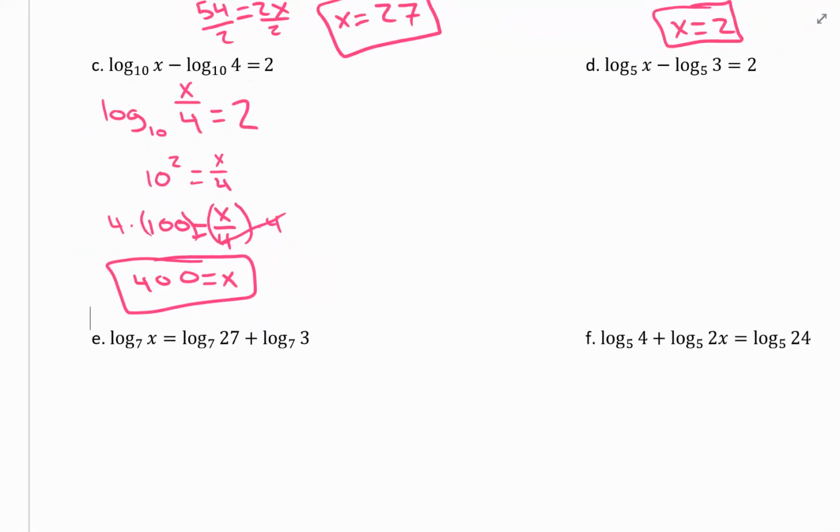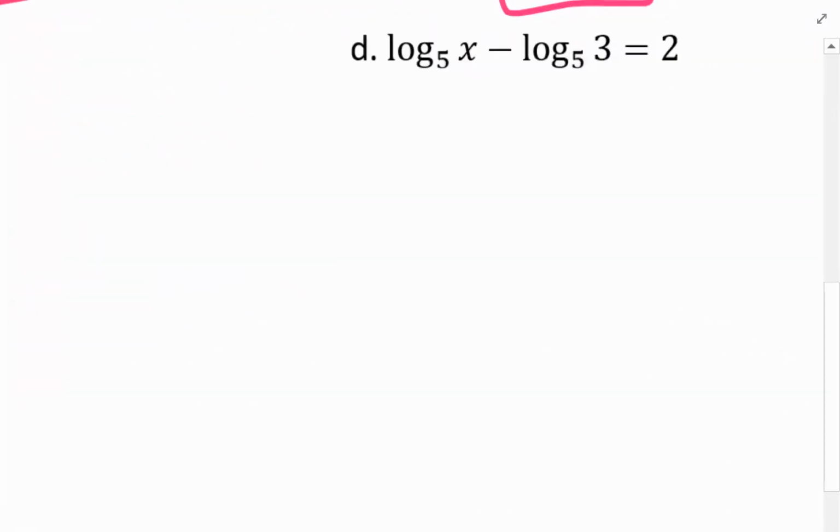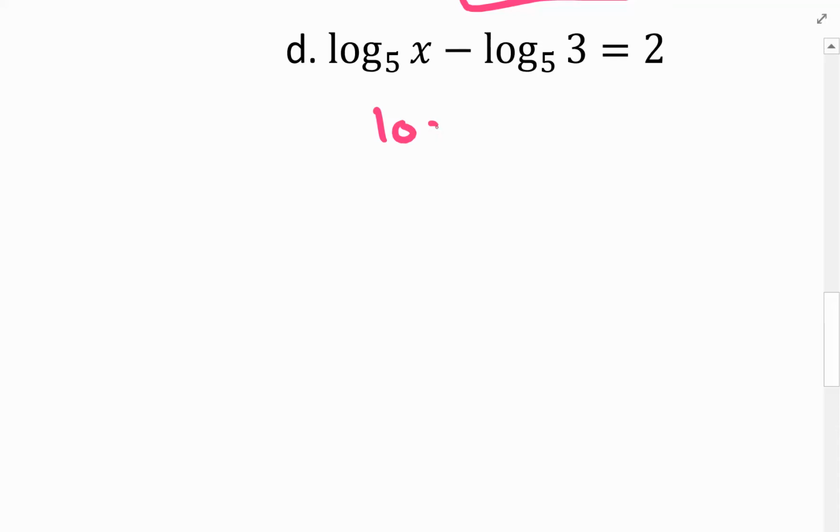Next problem. We have log minus a log, so that turns into log of the first thing over the second thing. Now check, do you have log on both sides or one side? Still just one side, so we switch forms. First, last, middle.